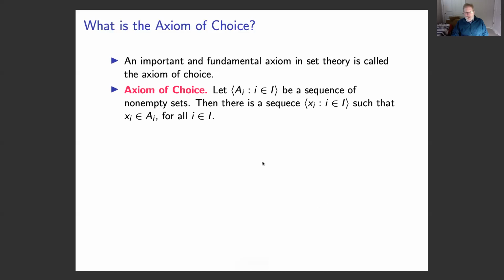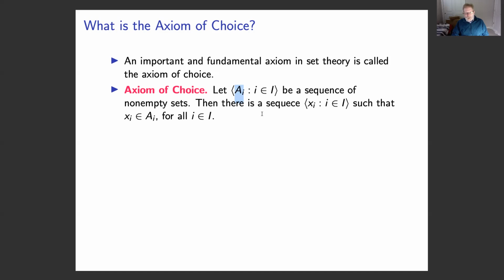Here's what it says. Suppose you have a sequence of non-empty sets. A sub I are all the sets, and they're indexed by elements of what is called the index set. Then it says there's another sequence indexed in the same way, such that x sub I is an element of each A sub I individually.